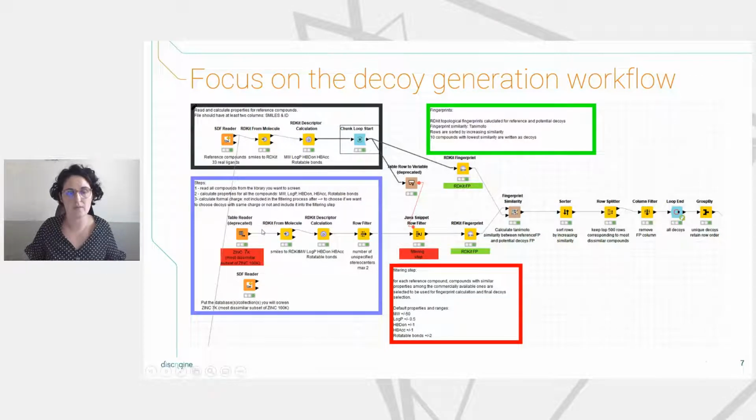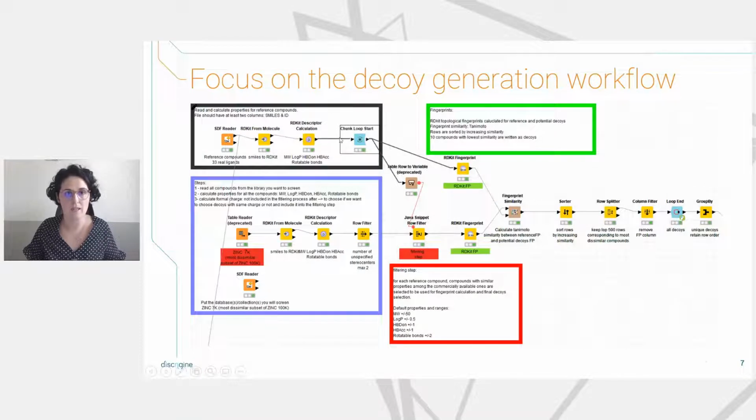It can be the database you want to screen in your real SBVS campaign, but it can also be some random compounds from the ZINC database. From this database, we calculate the same type of parameters, descriptors, and fingerprints.